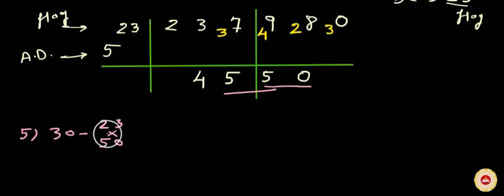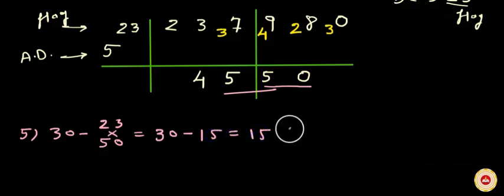I have told you, friends, as such there are no columns, but you have to look at it as if there are columns. So multiply the 4 digits in these two columns crosswise, which gives us 30 minus 0 multiplied by 2, 0, plus 5 3s are 15. This 15 is the net dividend.